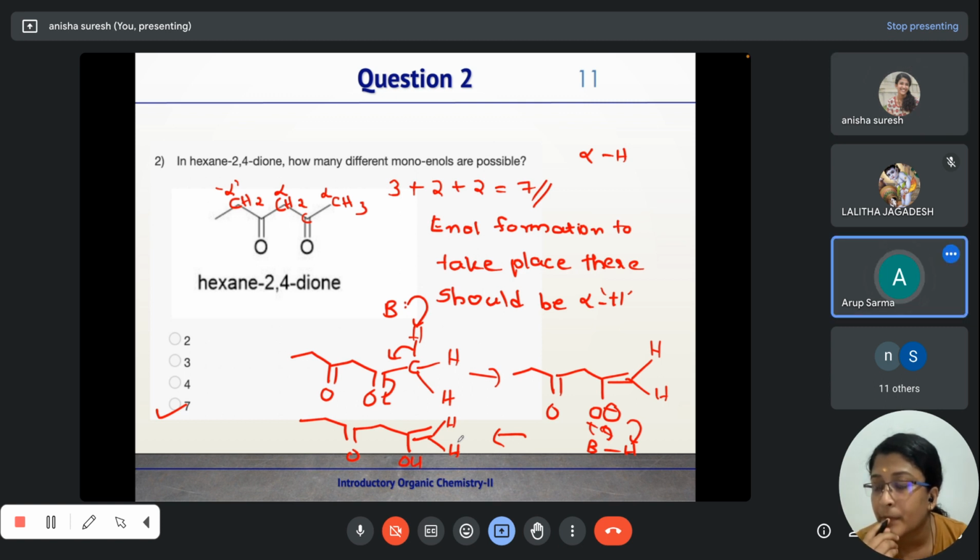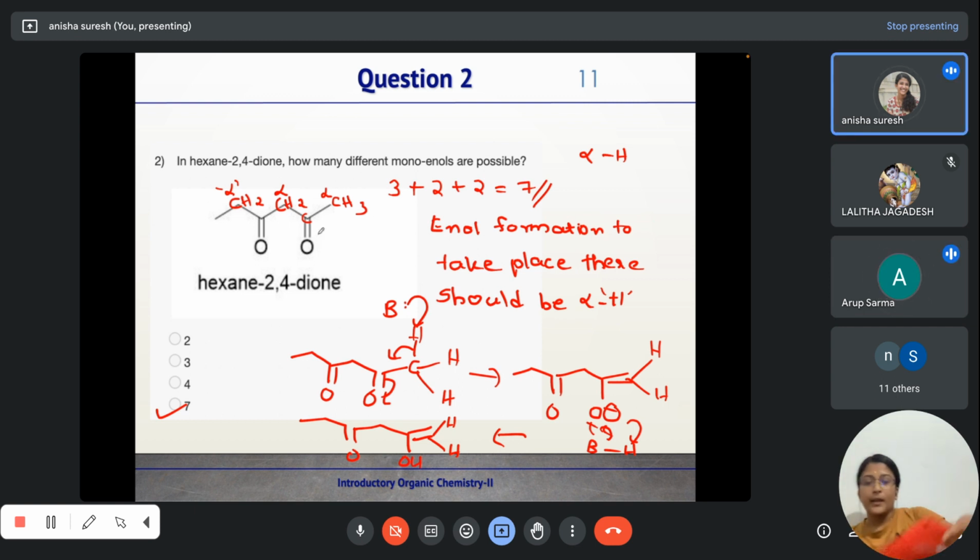I have some doubt. Sure, you can ask. Here we get, I think, four different types of monoenols, because the second and third replacement of hydrogen give the same type of monoenol. Yes, these all are similar, but if each of the hydrogens is separately labeled like HA, HB, HC, etc., then by abstracting that proton, it will result in a different monoenol.